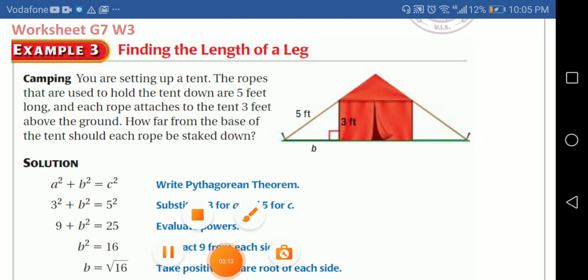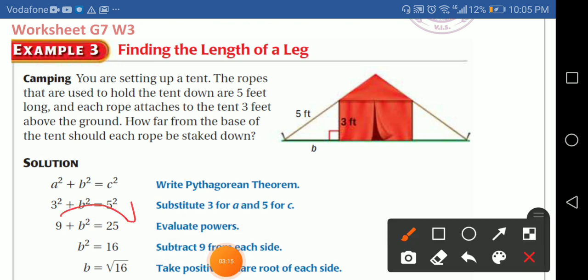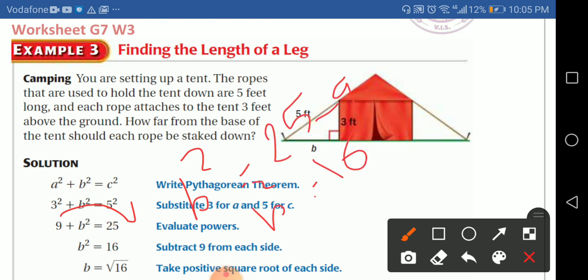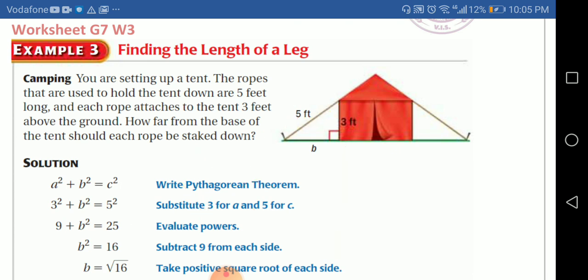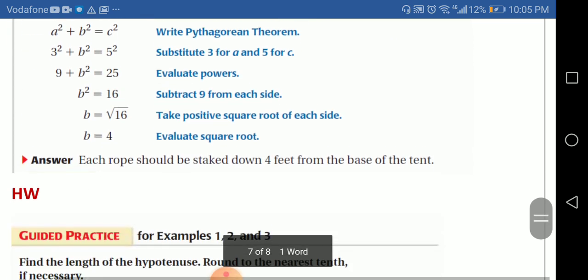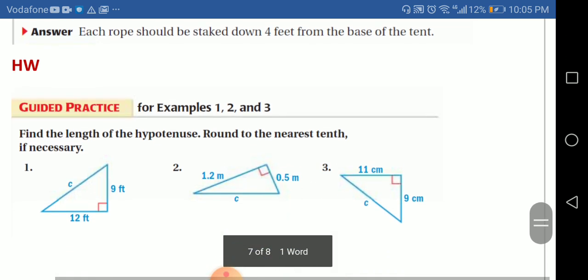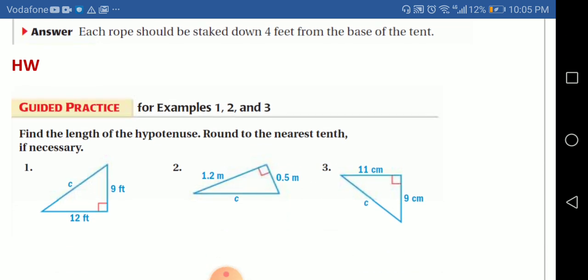So move 9 to the other side with a negative sign. So B power 2 equals 25 minus 9, which equals 16. So B equals the square root of 16, which gives you 4, with just the positive, not negative, because the sides of the triangles must be positive.